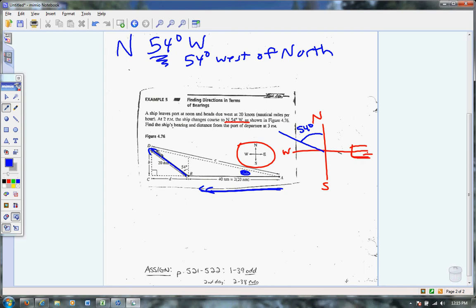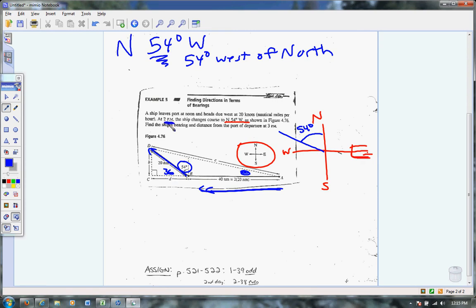So really what we need to do is look at the information that I've got and see what I can do with right triangles. Well, you can see right here, if this is 54, then this has to be 36. Right? That's 36. And it said that it went at 20 knots for 1 hour.